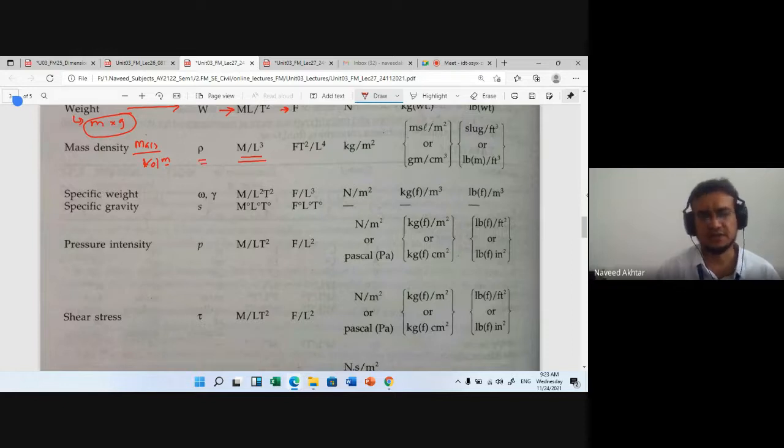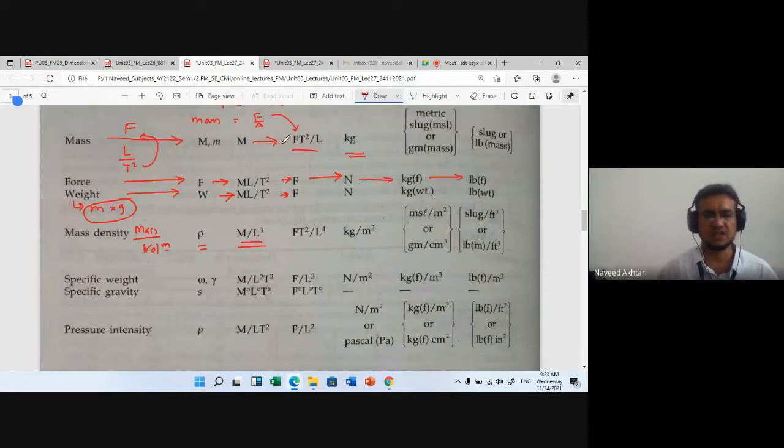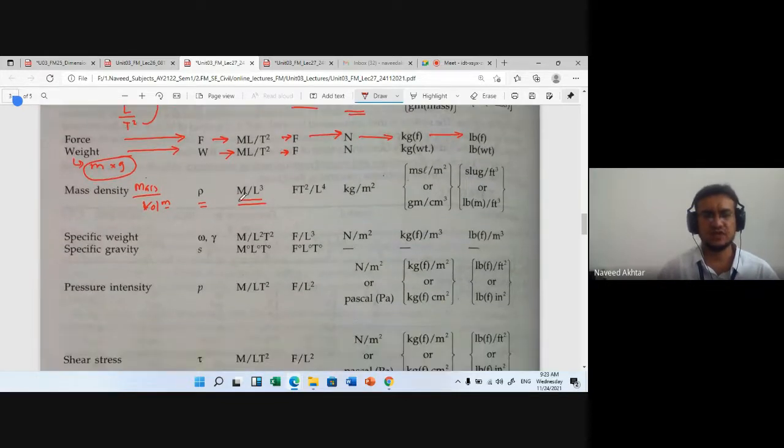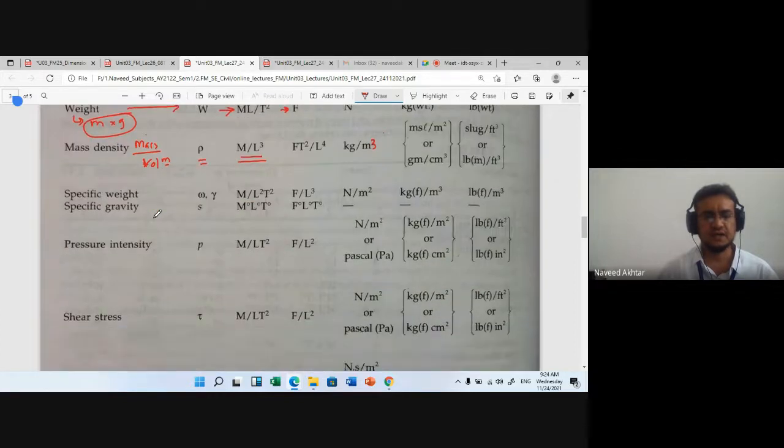In the F system, mass is Ft square upon L, so we write mass over volume, giving Ft square upon L raised to 4, because L into L cube is L to the 4. The unit of mass density is kg per meter cube, or gram per centimeter cube. It can be written like that also.